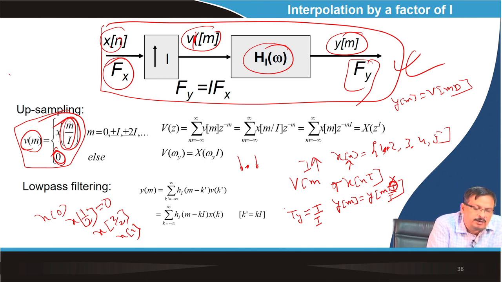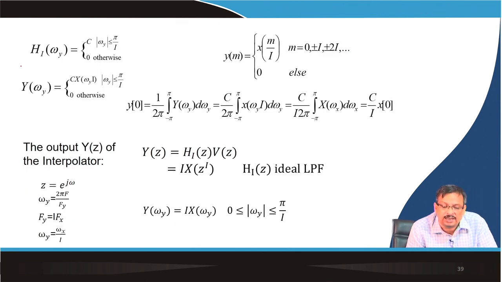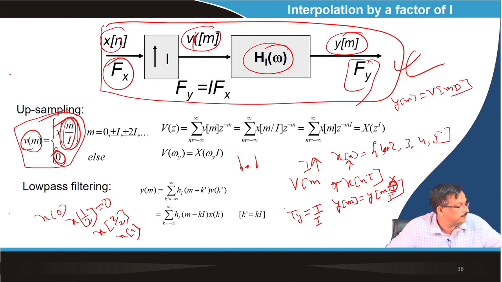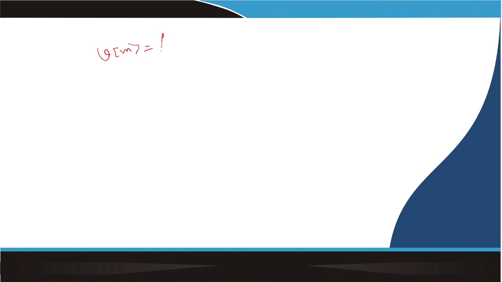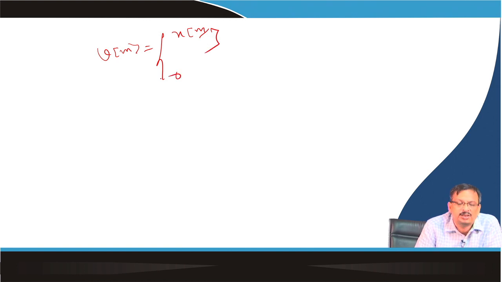So what will happen if I equal 3? I will take another slide here. When I equal 3, v of m is equal to x of m by 3, else 0.